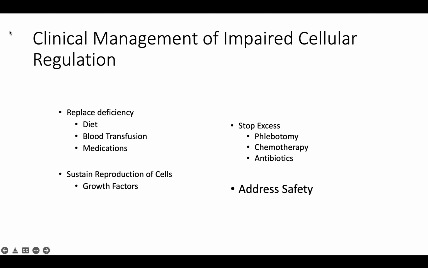If we have an overproduction of cells, and that's our issue with cellular impairment, we can stop that excess production through therapeutic phlebotomy, where we take blood away from the body, and we can do that with polycythemia. We could use chemotherapy to kill the cells.